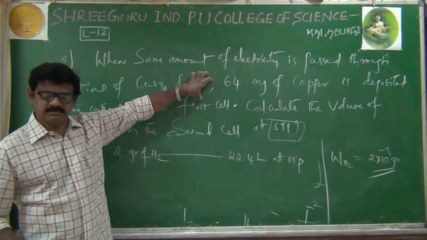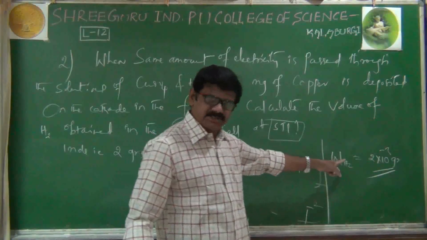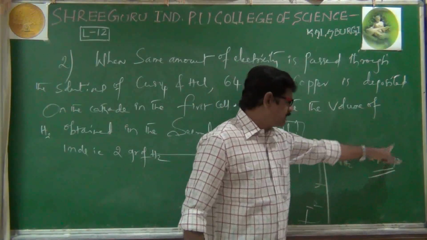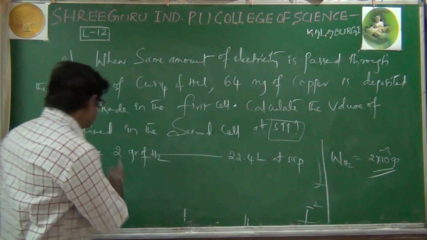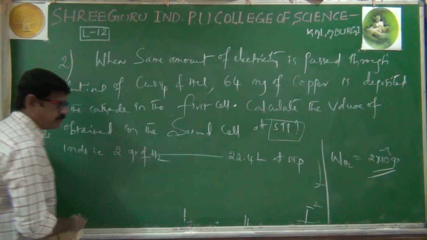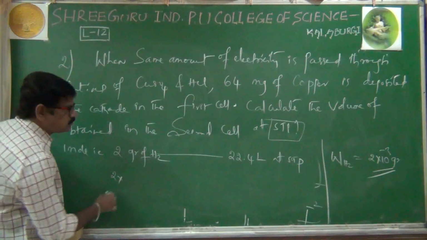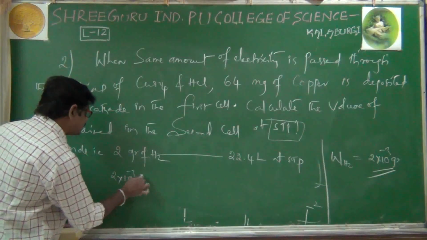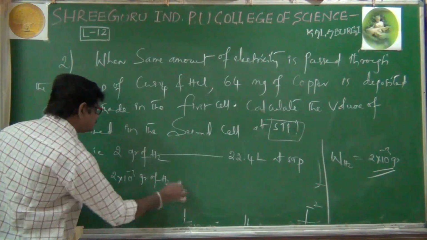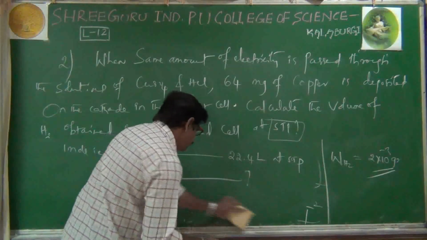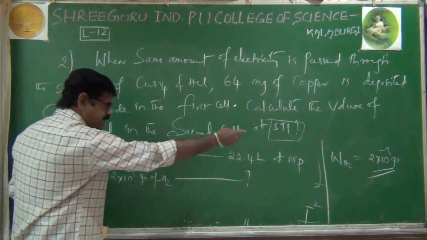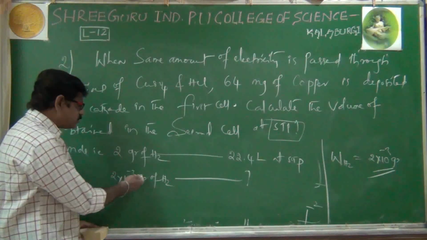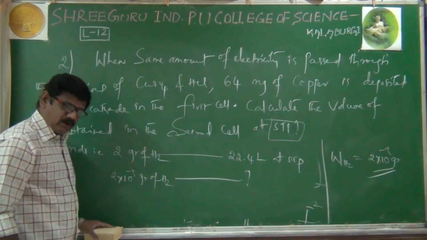But in the question, how much mass of hydrogen is obtained? 2 into 10 to the power minus 3 grams of hydrogen is obtained. Therefore, we will write like this: 2 grams occupies 22.4 liters, and 2 into 10 to the power of minus 3 grams occupies how much volume?